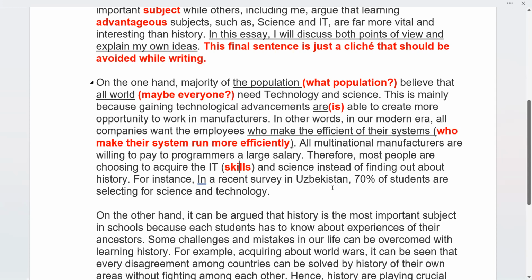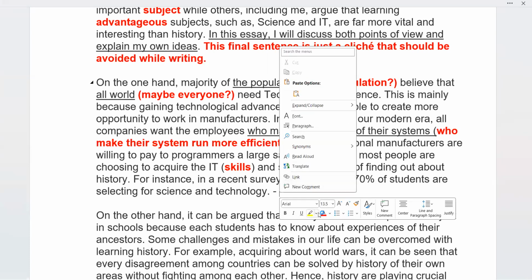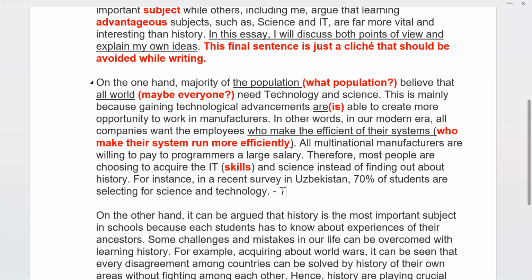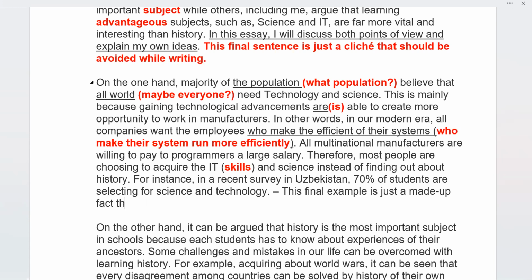For instance, in a recent survey in Uzbekistan, 70% of students are selecting for science and technology. So this final example is just a made up fact that will be punished by examiners.